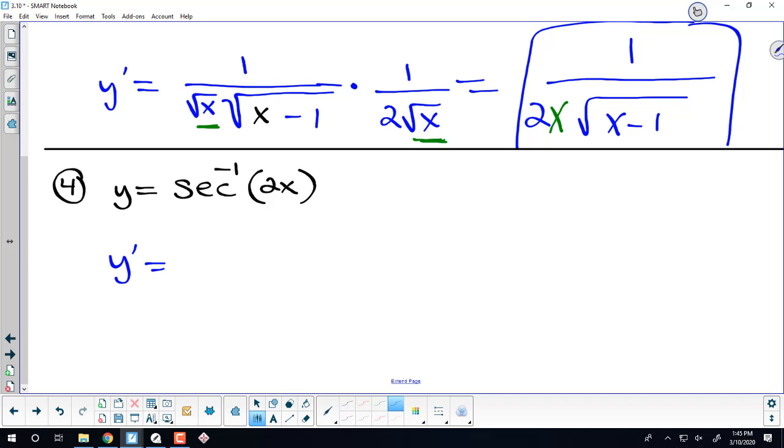We do 1 over the absolute value of x times the square root of x squared minus 1. That's for if the inverse secant of the argument was x, right? So just replace your x with our argument of 2x. So 1 over the absolute value of the argument multiplied by the square root of the argument squared minus 1. And then we do what?